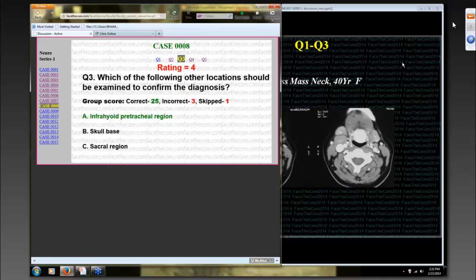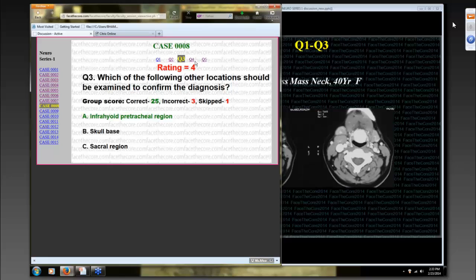And what is the next thing that you would like to see if you see a big mass like this at the base of the tongue is to look for the infrahyoid pretracheal area where you normally expect to see the thyroid. That will be absent because when the thyroid is undescended, the entire thyroid tissue remains right at the foramen cecum where it starts at the base of the tongue, and that's what you are seeing here.